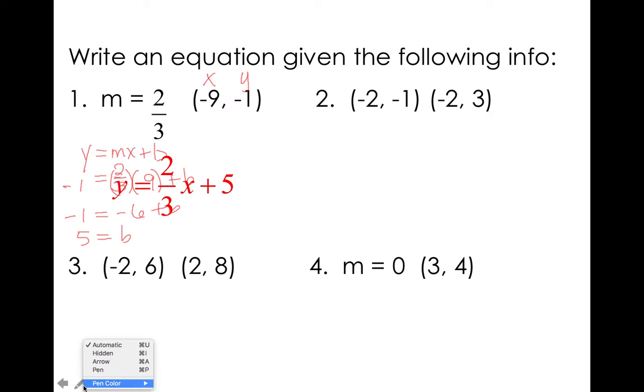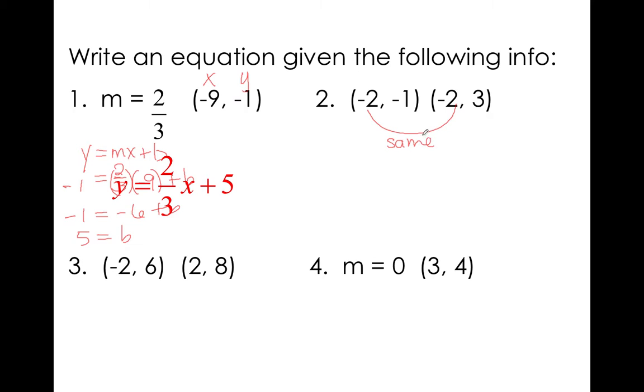Over here, the question is, well, how do we find the equation of a line if we're given 2 points? Once again, these are what we call two good points. And the hint to this right here is, remember, if my x values are the same, that means that I have a vertical line. All right, since these two things right here are the same, that means that I have a vertical line.